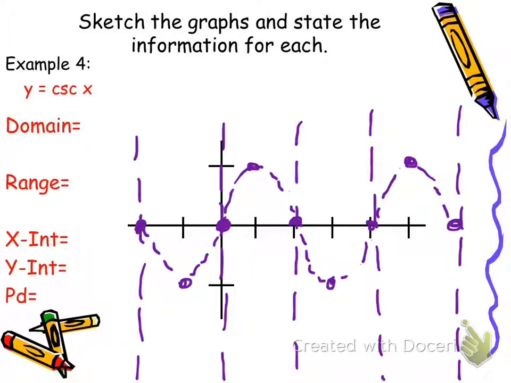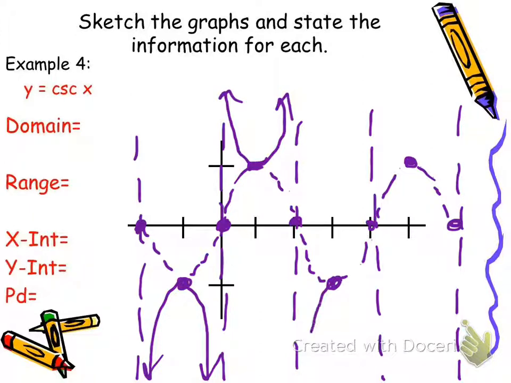And then we saw yesterday in Desmos that the cosecant just flips these humps up or down depending on what's going on. So this one will just flip down like this. This one flips up. This one flips down.